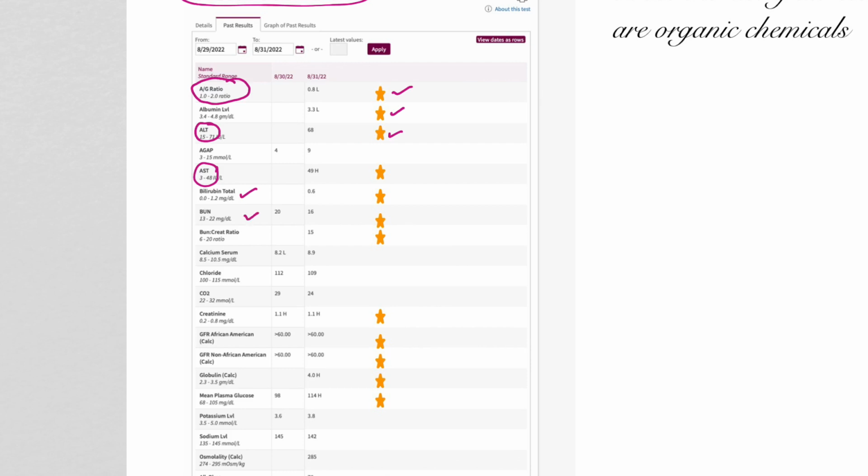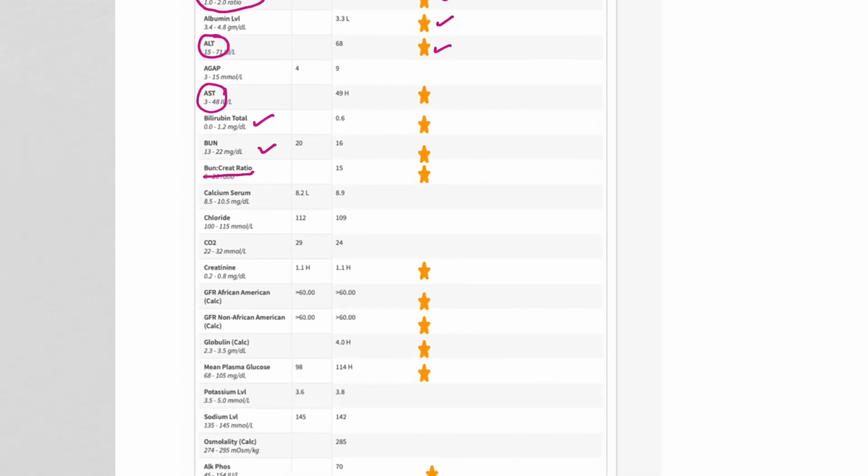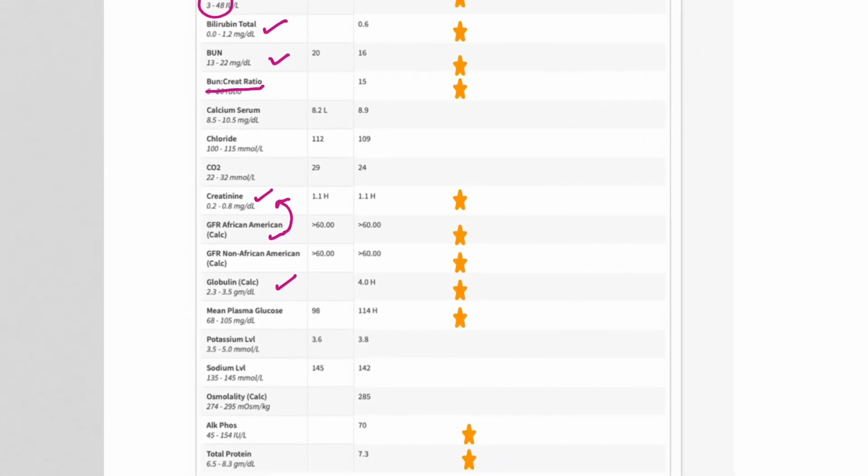BUN is urea, it's another organic chemical. BUN/creatinine is a ratio of two organic chemicals. And then we have, of course, creatinine, which is an organic molecule. GFR is calculated from creatinine. Globulins, as I mentioned, is organic.